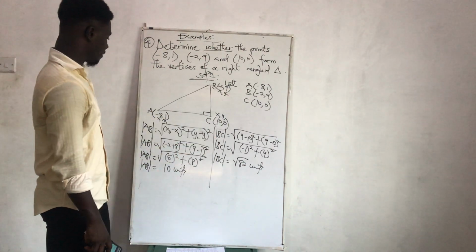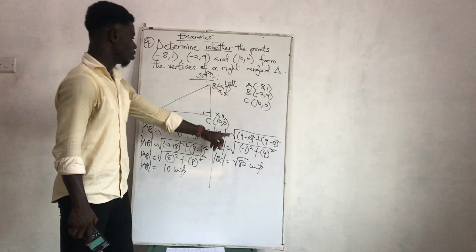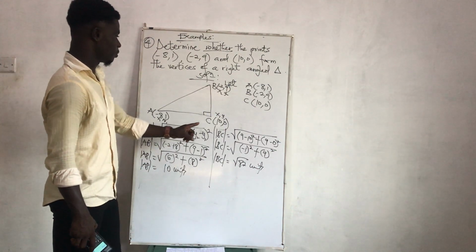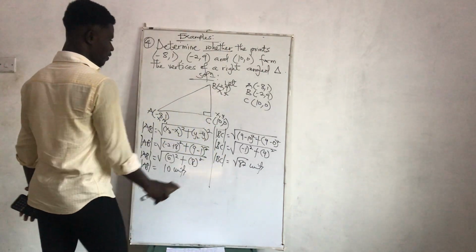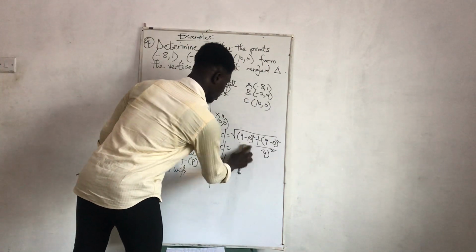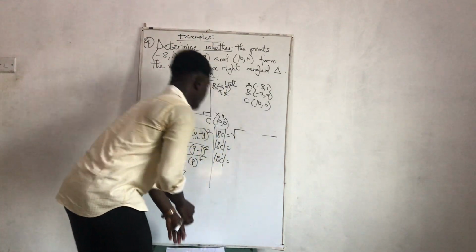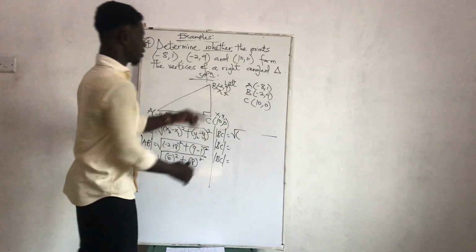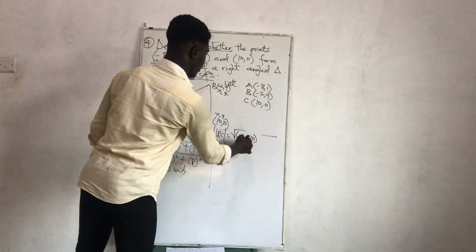So we have this. The length of BC, square root of x2, oh, we made a mistake. Let's verify that sharp. So bracket open, x2, which is negative 2, minus x1, which is 10, right?